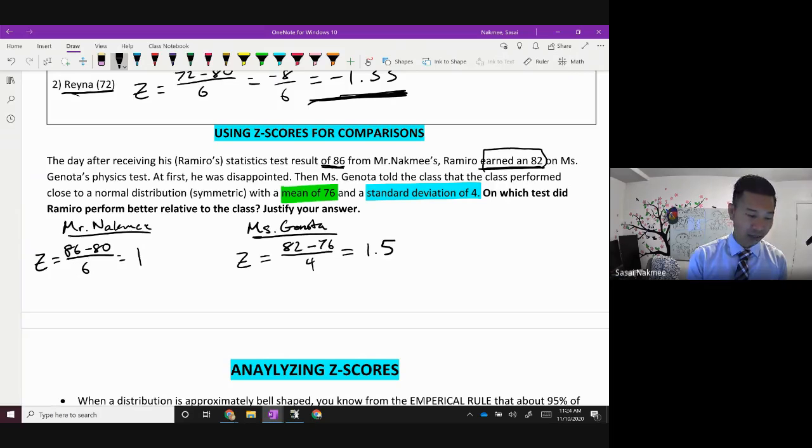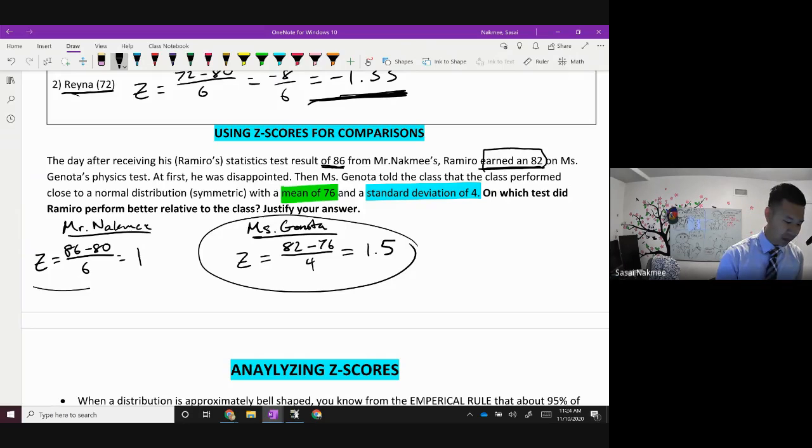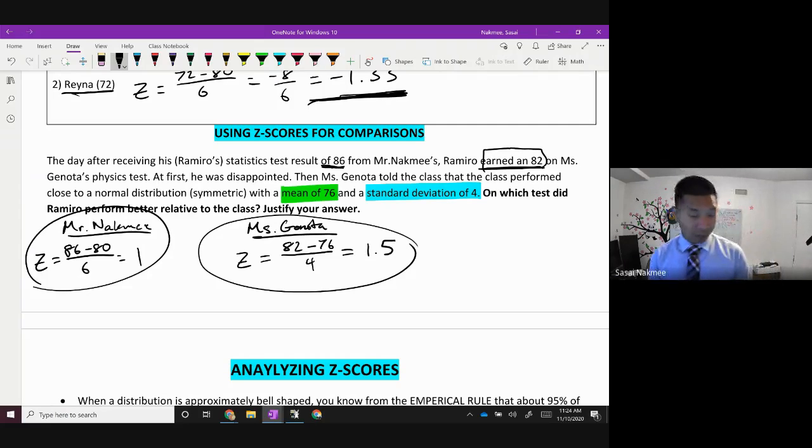He got an 86. But in Ms. Janota's class, he did better relative to his classmates. 82 doesn't seem that great compared to the 86, but if you compare it to the class as a whole, the z-score here is greater than the z-score here. Relatively speaking, he did better in Ms. Janota's class.